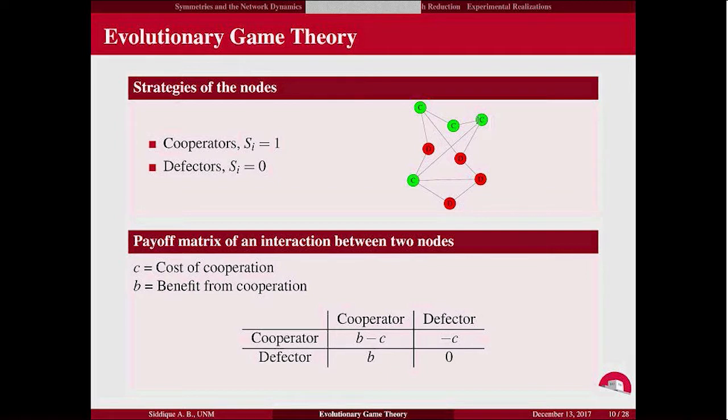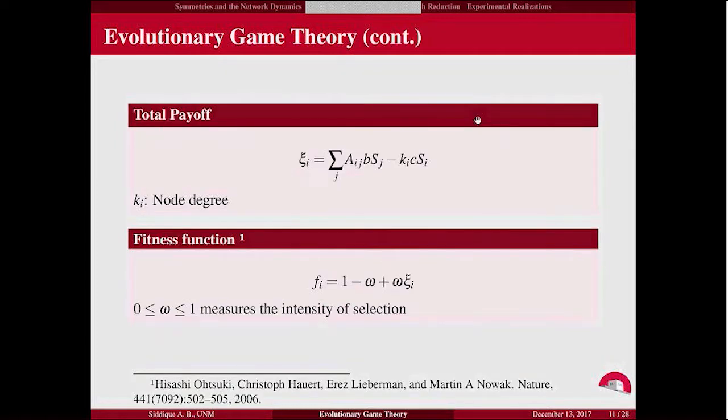Then we want to see the evolution, how the game goes on over time. For each time we also define the total payoff and fitness, and the fitness is a function of omega, the intensity of selection, and for our simulation we choose low intensity.